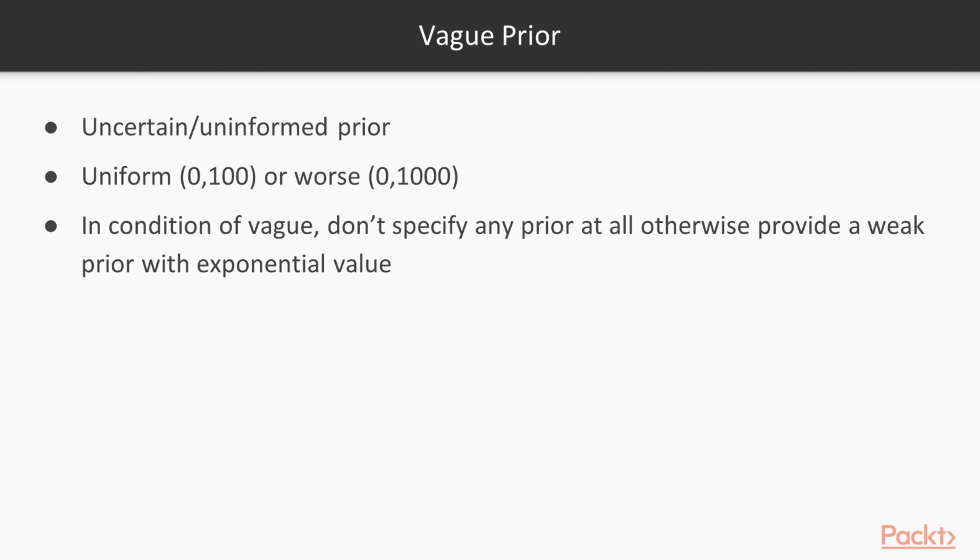For example, the prior is between 0 and 100 and I don't know the exact value, so I will provide the complete range 0 to 100, right? If it is exponential, then I will provide from 0 to any exponential value, and the value can be in the middle of that. So that's why it is a weak prior, and it can be a vague prior if you provide the complete range because you are uncertain about it.